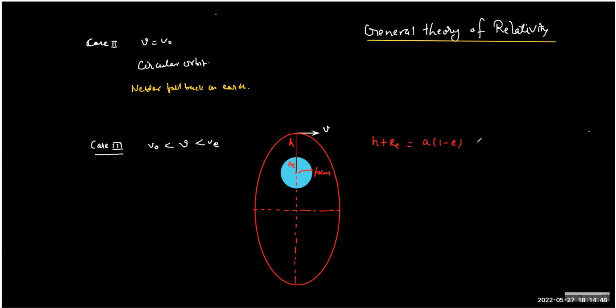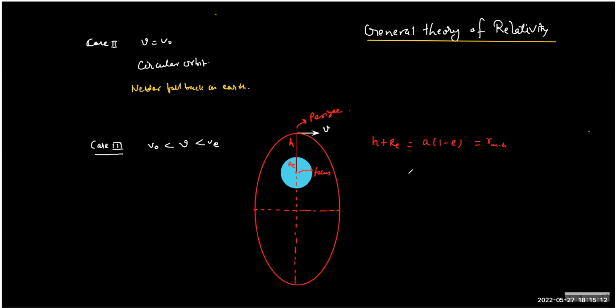Yes. This is like R minimum, and this is the perigee. The nearest point is the perigee, right? Perihelion, we call it perihelion, but okay, here we call it the perigee, the separation.